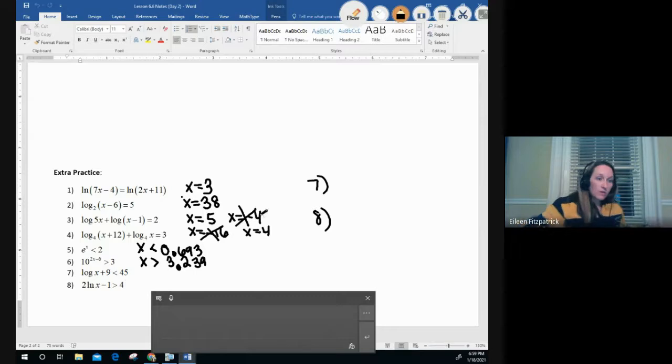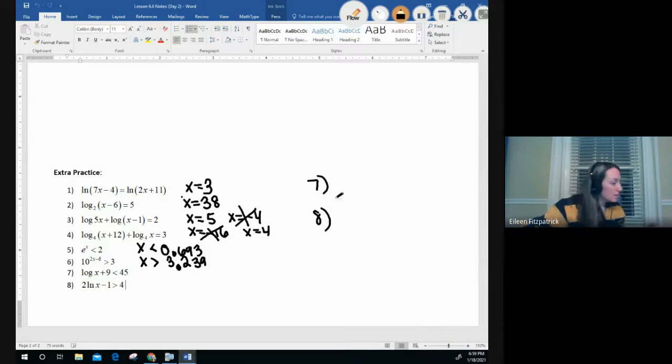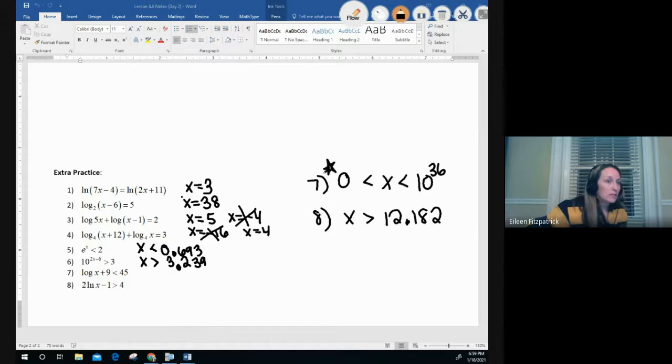Number 7 is 0 is less than x, which is less than 10 to the 36th power. And the last one, number 8, x is greater than 12.182. This one we had to put a restriction on because remember, you can't log a negative. Okay, so that's why there's a restriction there.